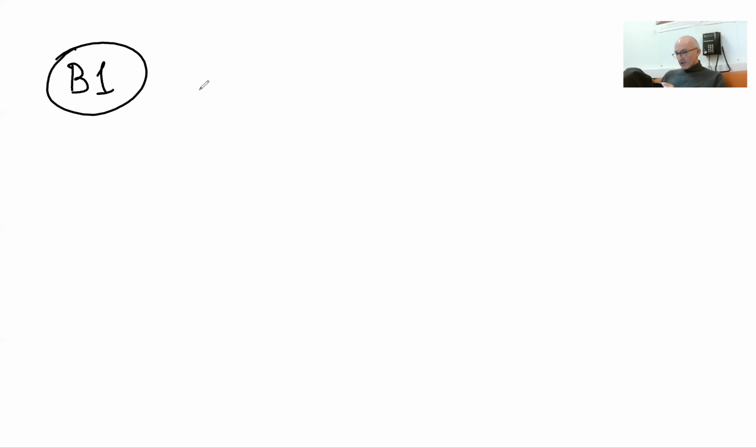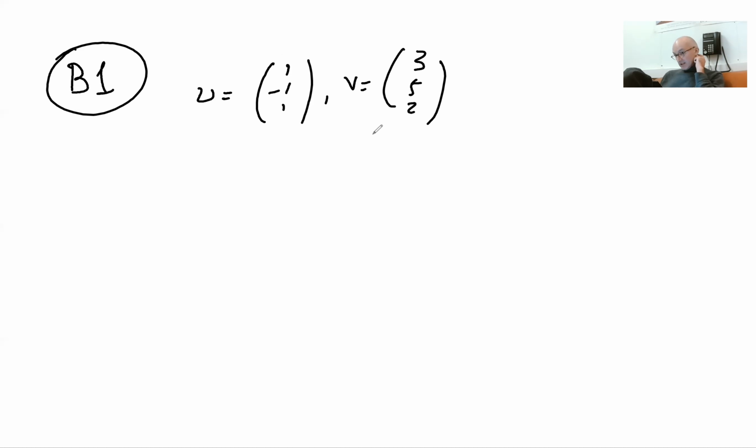We have vectors u = (1, -1, 1) and v = (3, 5, 2). The question: are they linearly dependent or independent? This is part A.